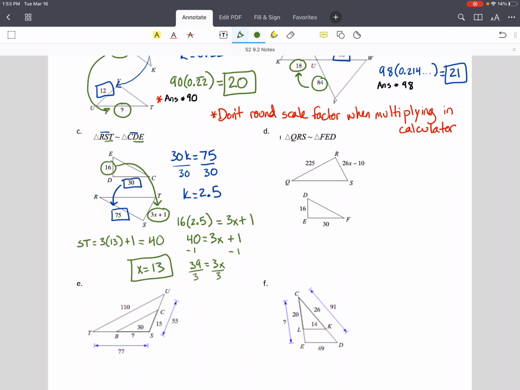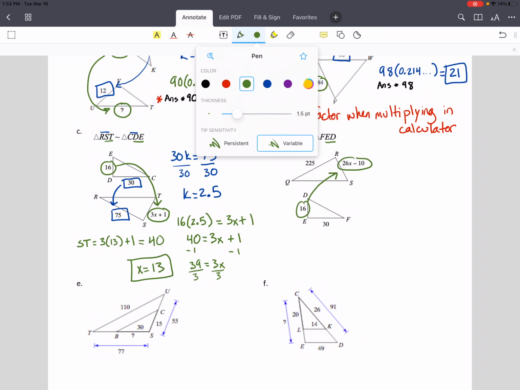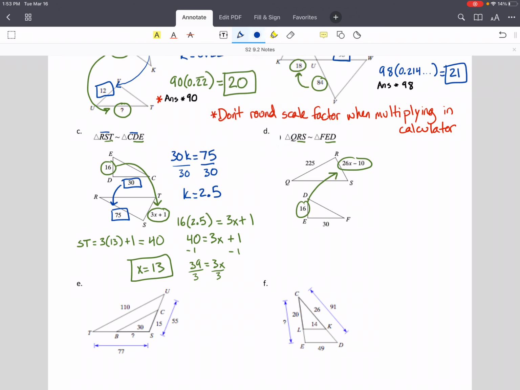Let's do another example with D. So RS is going with ED. So this time we want to find the scale factor from the bottom to the top. And that leaves QR with FE.